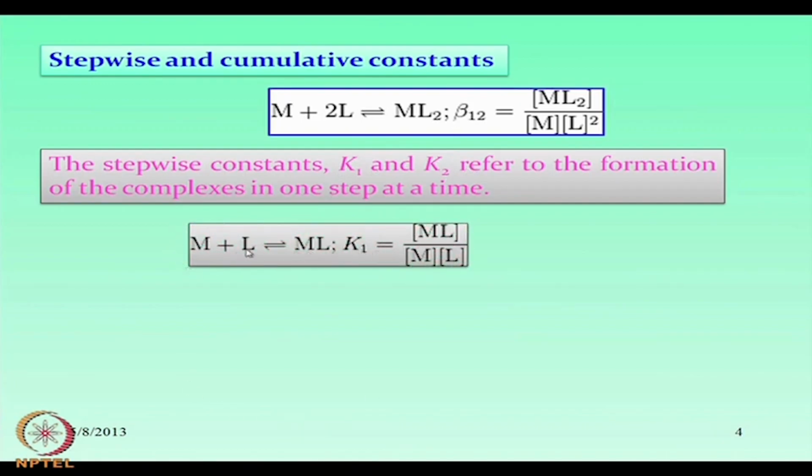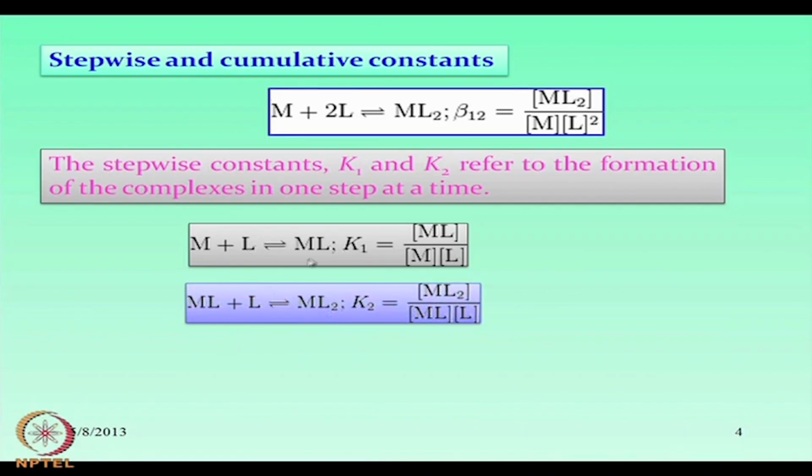So, when the first ligand, the first ammonia molecule, comes and binds to the silver ion, we get the K1 value, and when the second comes to the first one, that means the silver species with one NH3 bound plus another NH3, giving rise to the silver diamine complex, we get K2 as ML2 by M L and the product of L. So, the product of K1 and K2 is basically the beta 1 2.